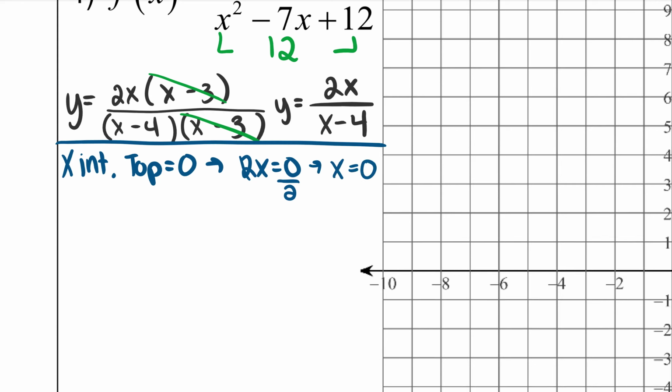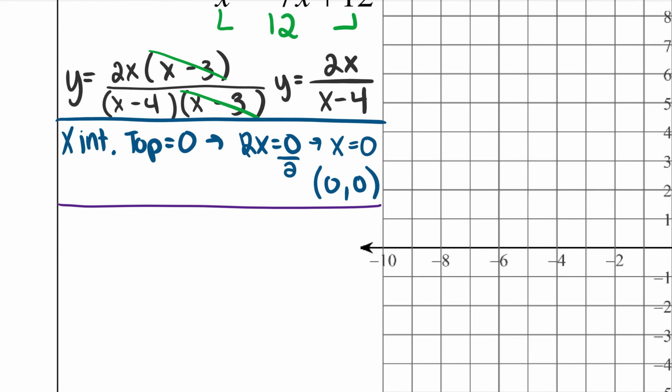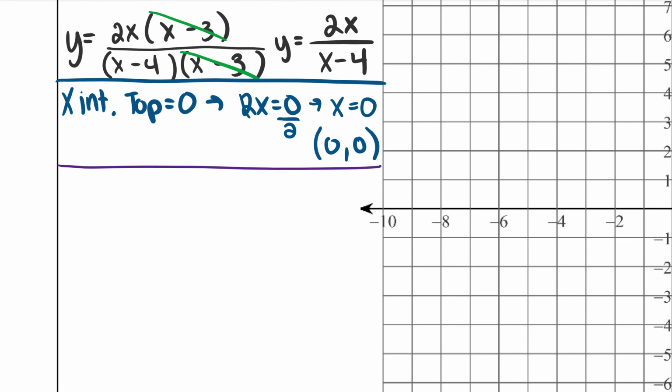So then my x-intercept, remember, is my x comma 0. So it's actually 0 comma 0. Okay, that's it. So see, it's not too bad to do these. It's just knowing what to do and how to write the answers correctly. But the work itself isn't too difficult.